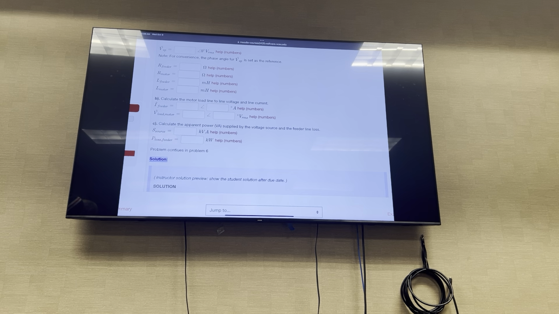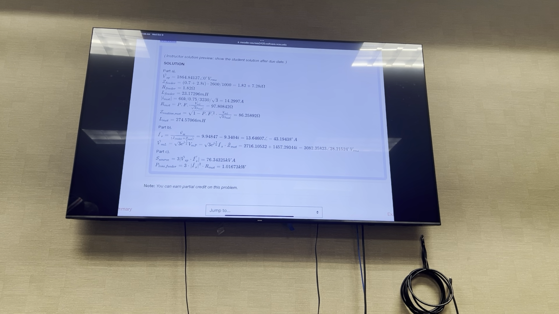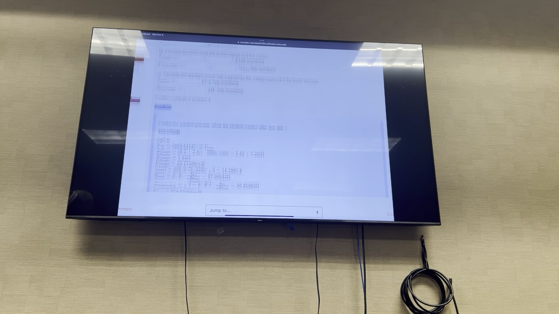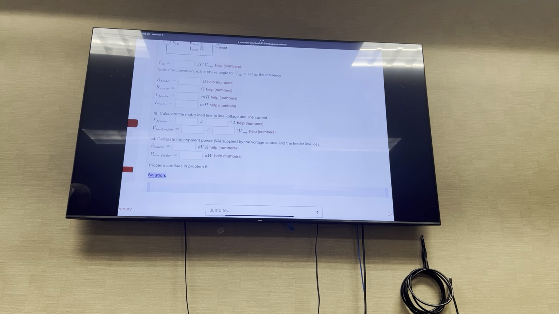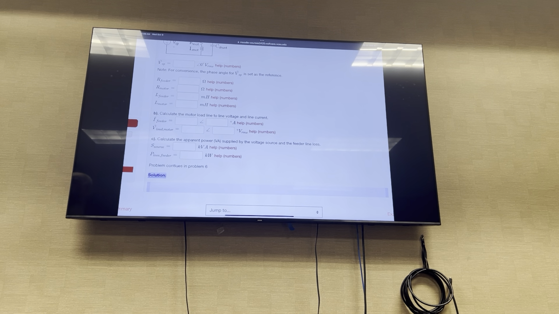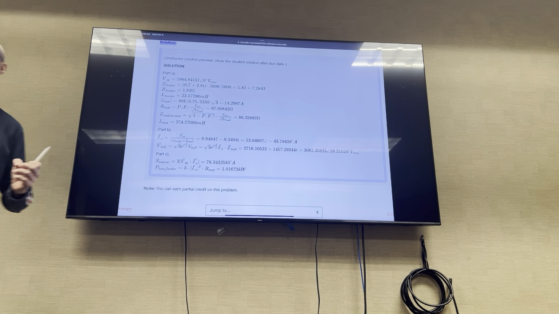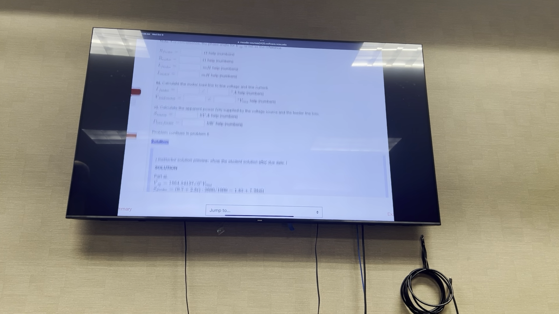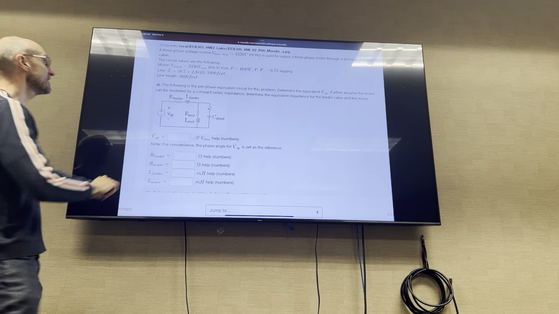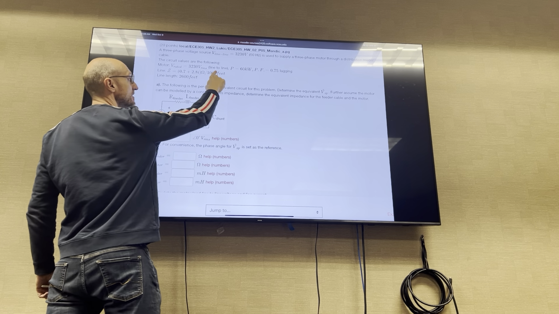That was calculated in part A, which was not actually used anywhere. It was not actually entered anywhere in here. How was this found? This is what's called the rated current of the motor. The problem statement says this motor is rated at this voltage.